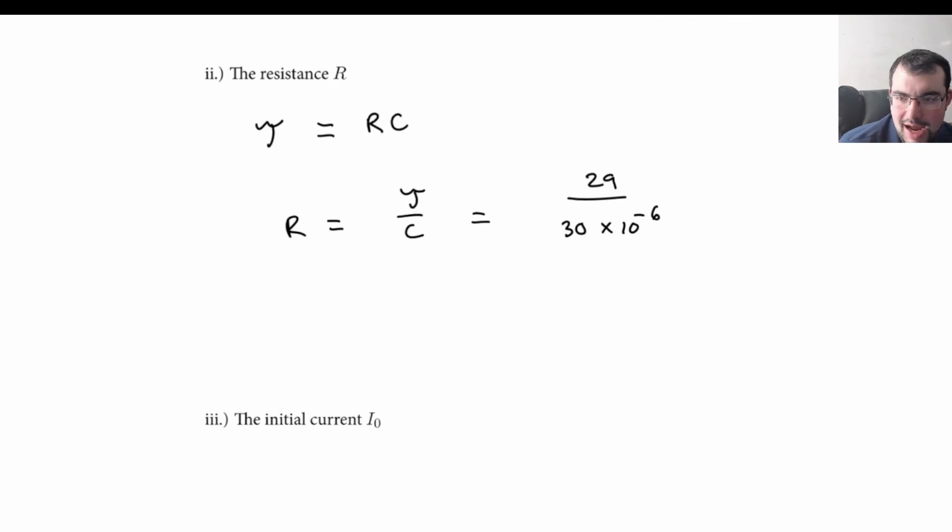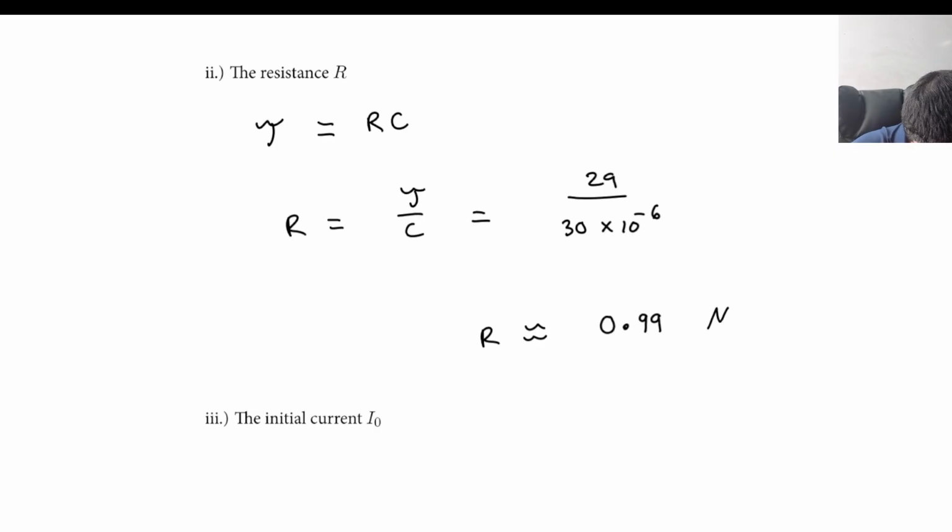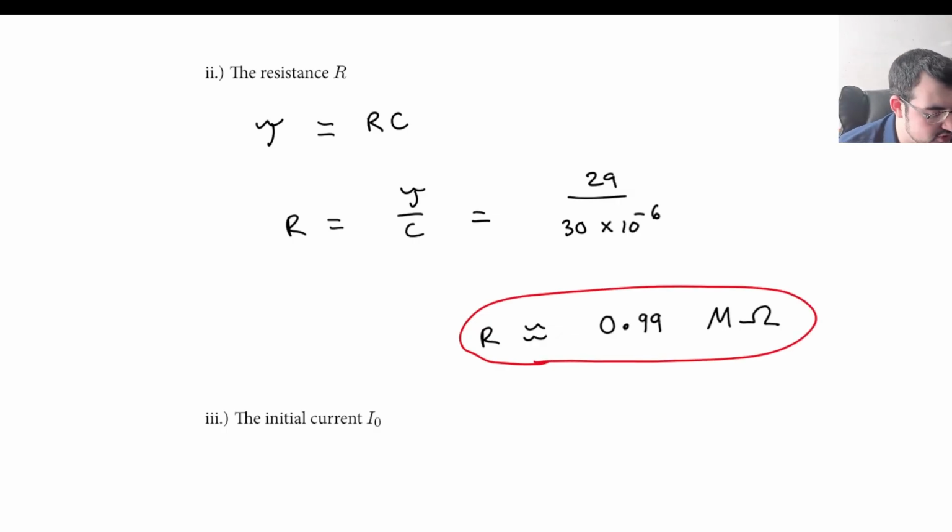And if we work this out, we get R is approximately 990,000 ohms. So R is roughly 0.99 capital M for mega ohms. So this is almost 1,000,000 ohms of resistance needed.